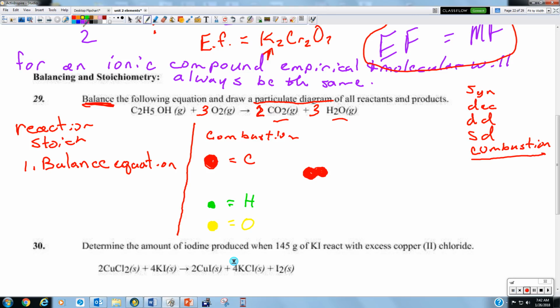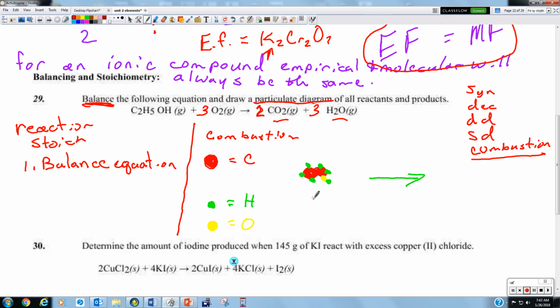And my hydrogens are green. So one carbon is going to have 1, 2, 3. The other carbon is going to have 1, 2. And then the last bond on the carbon is going to have an oxygen and another hydrogen attached. So there's our basic compound. It's going to react, and it forms CO2.